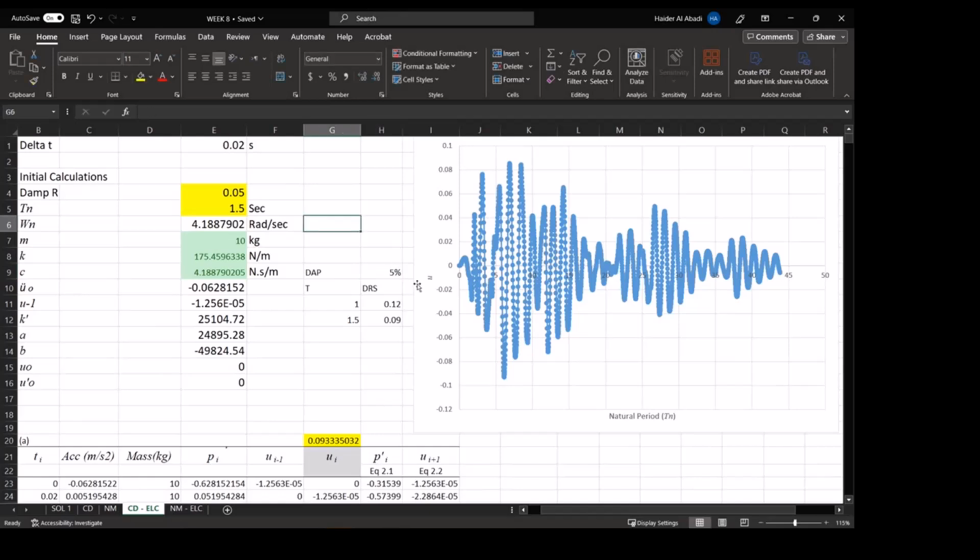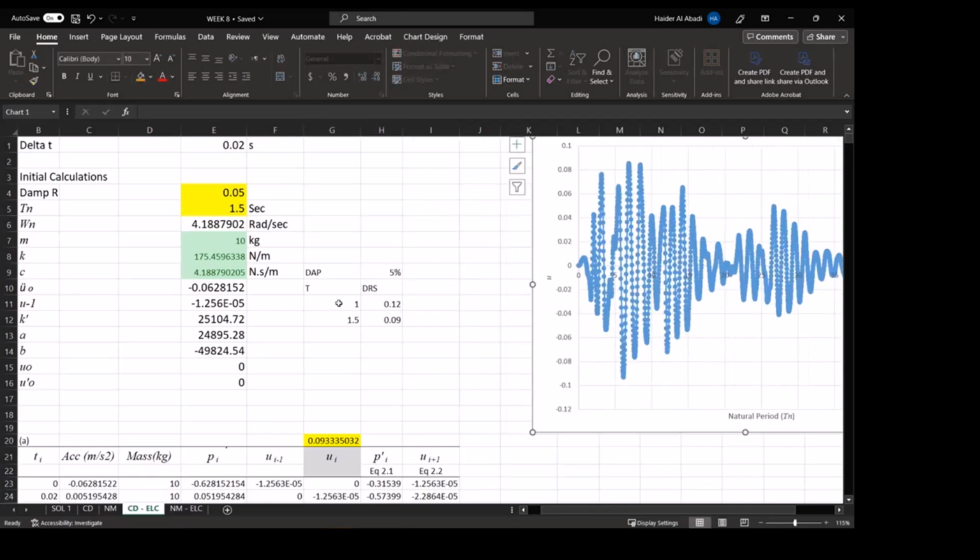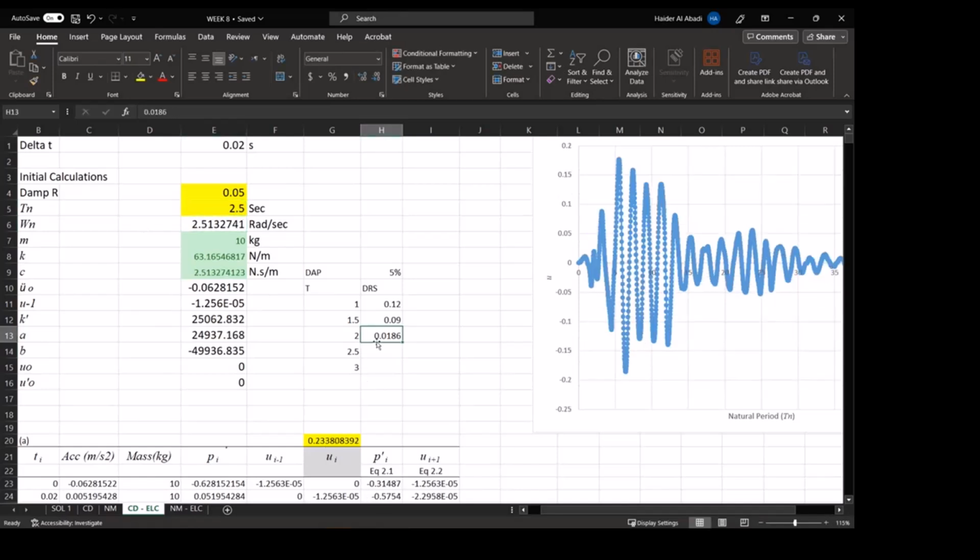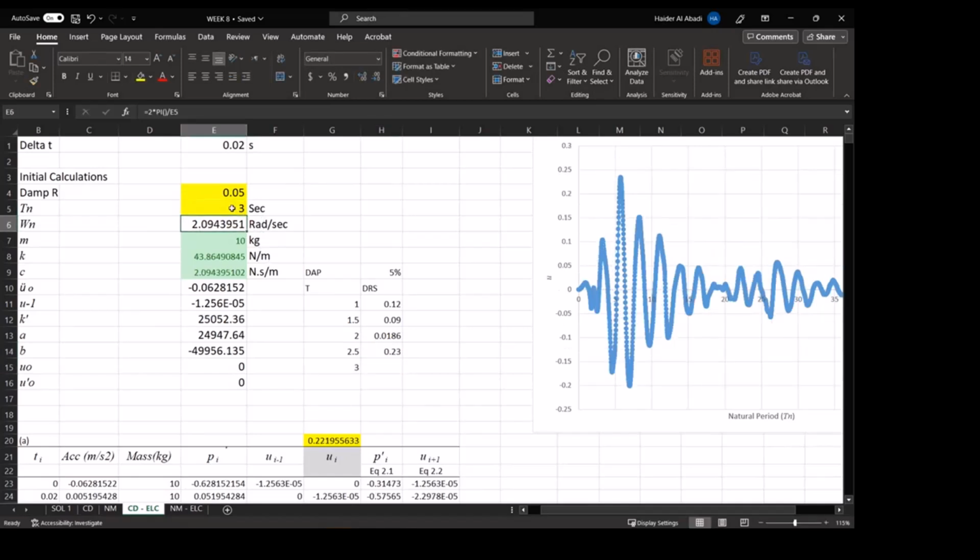So I will ask you again in different assignments to, let me say here, 2, 2.5, 3, right? So if I change this to 2, now there's going to be 0.18, for example. 2.5, it will be 0.2, and 3, the last one, it will be 0.2219.